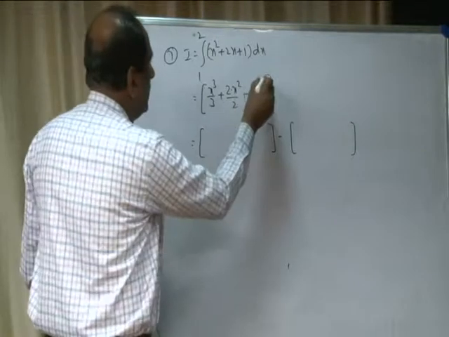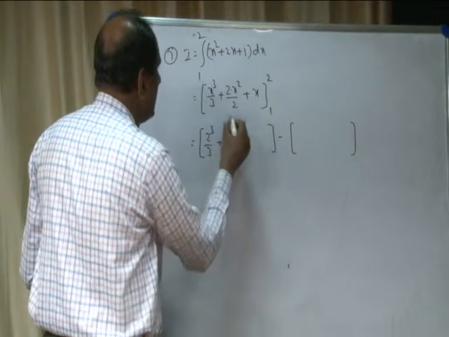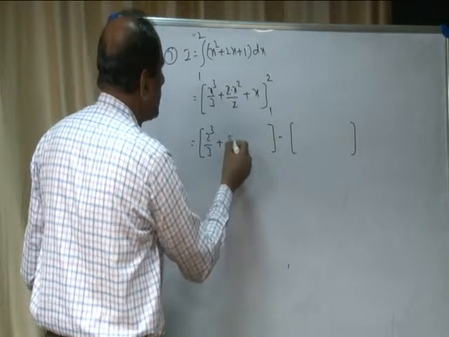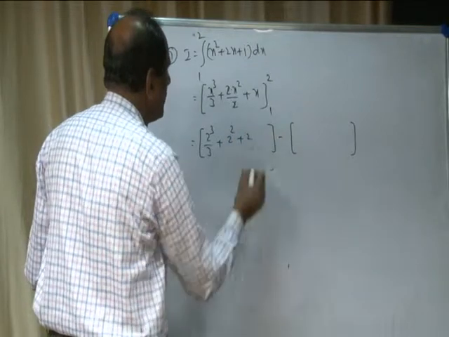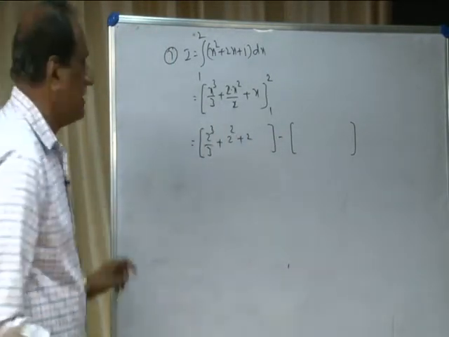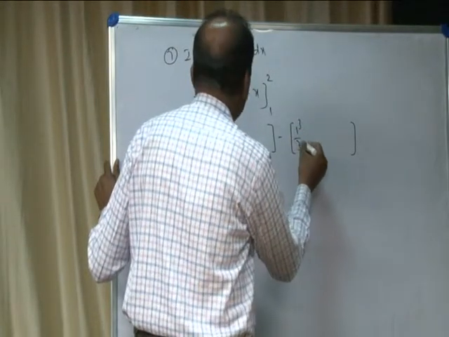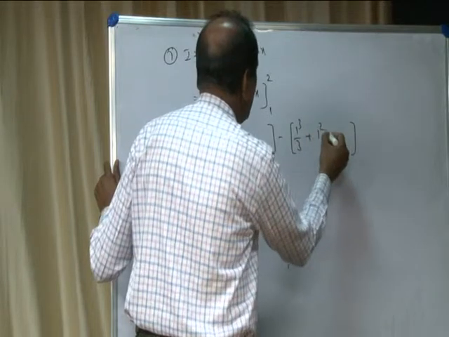Now, the upper limit is 2 cube by 3 plus, 2 cancels with x square, 2 square plus 2, minus the lower limit, 1 cube by 3 plus 1 square plus 1.